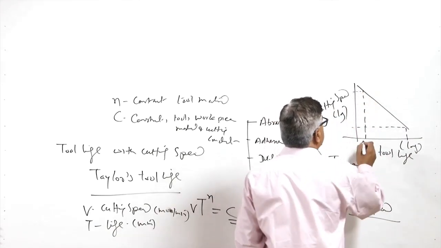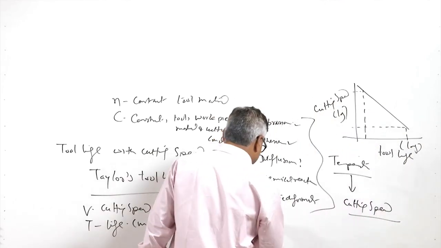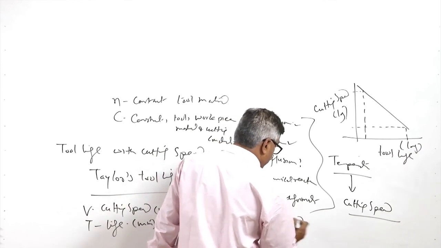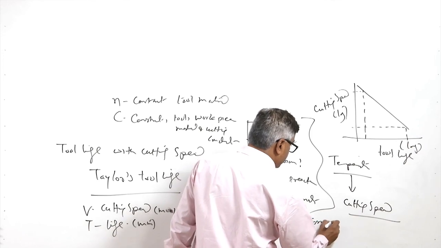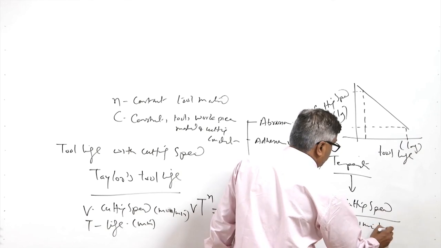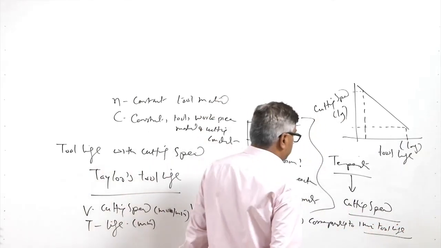So, C is basically the cutting speed corresponding to 1 minute tool life, while n depends upon the tool material.